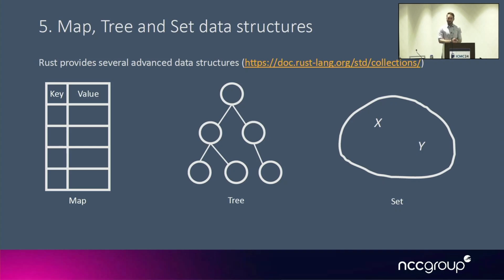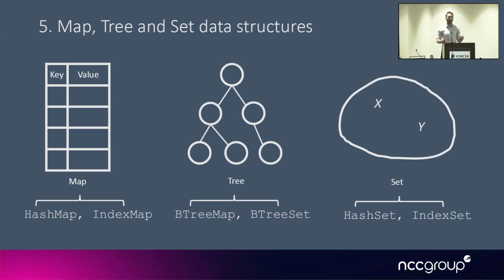I have a fifth category here, but I know I'm running out of time. So here I'm just going to caution you against the use of too complex data structures. Languages like Rust have support for many different types of data structures like maps, trees, and sets. Under the hood, they are implemented using hash maps, index maps, B-tree maps, or B-tree sets, and so on.